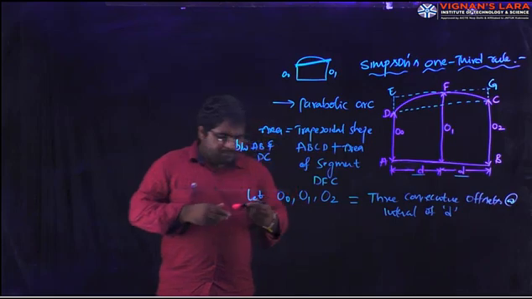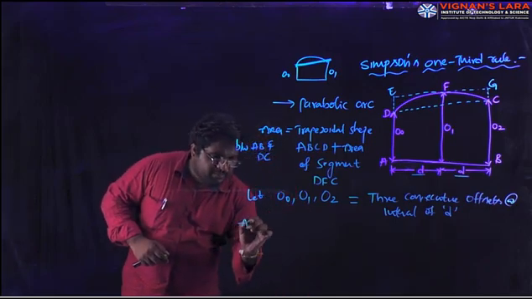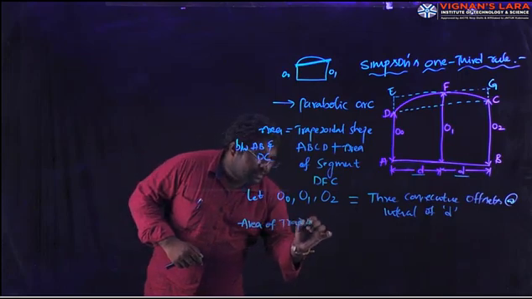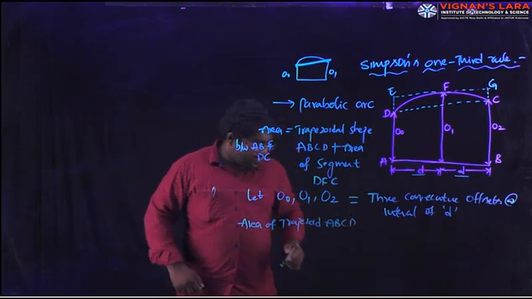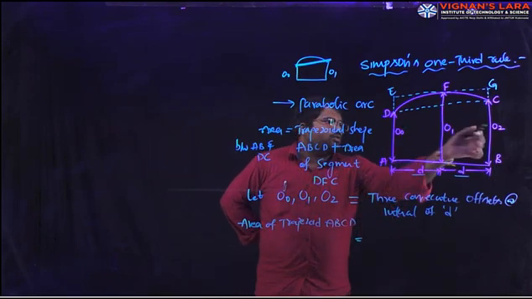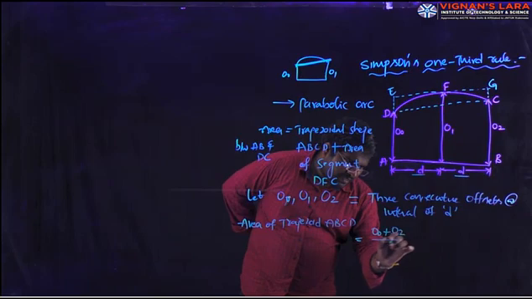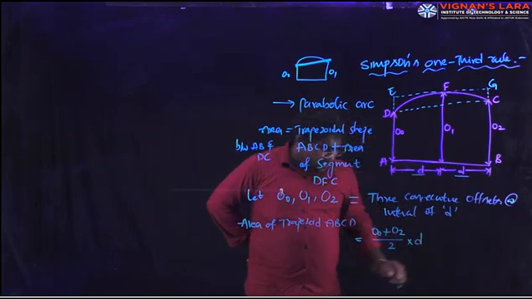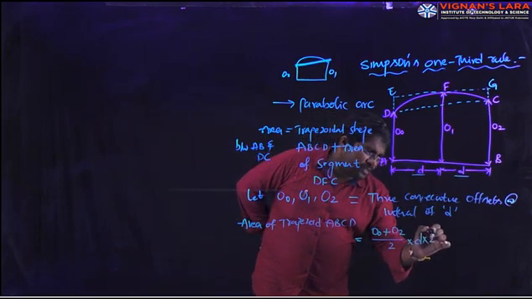Now the area of trapezoid ABCD is given as the average of O0 plus O2, multiplied by the distance between these two, D plus D, that is 2 times D.